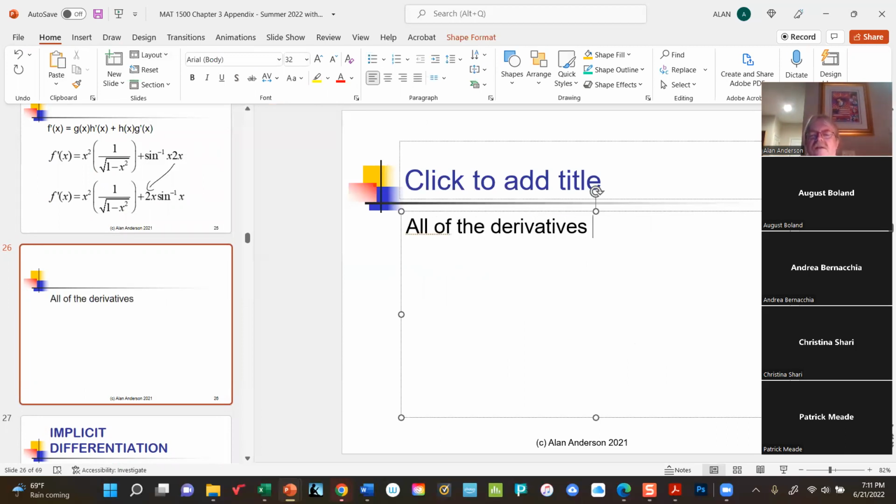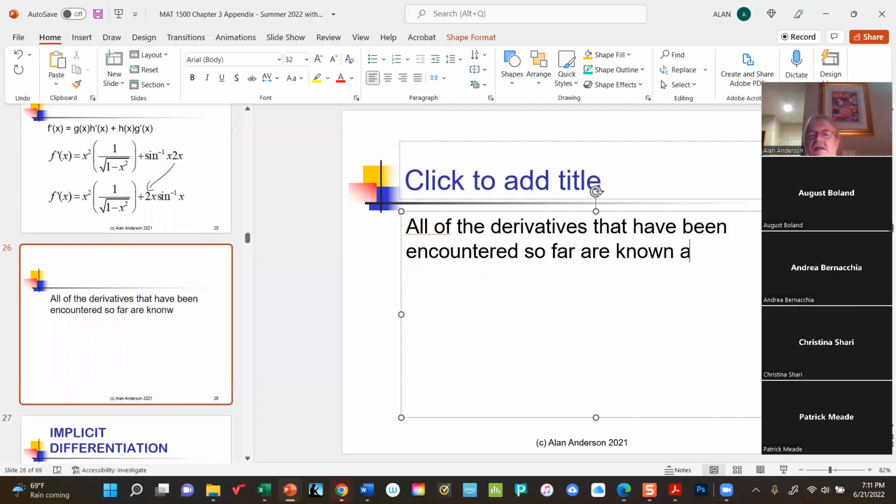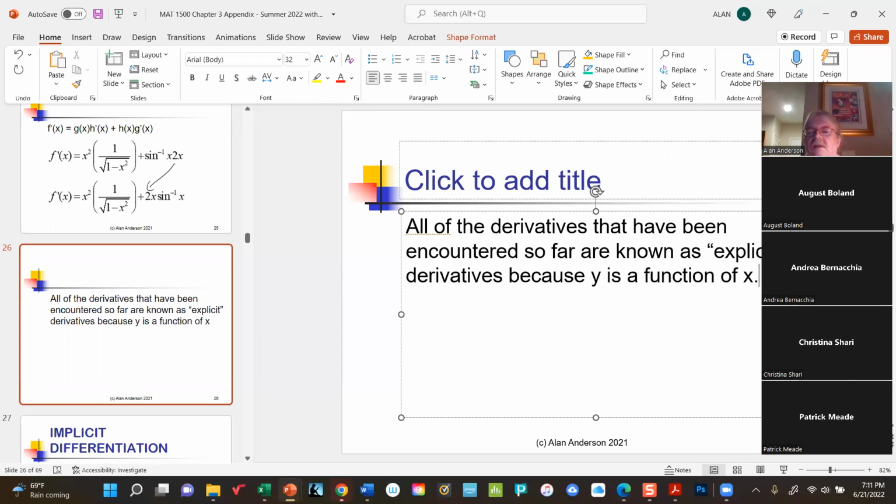All of the derivatives that have been encountered so far are known as explicit derivatives. We don't usually use that word because it's understood, but explicit derivatives because y is a function of x. Or it has been up to this point.